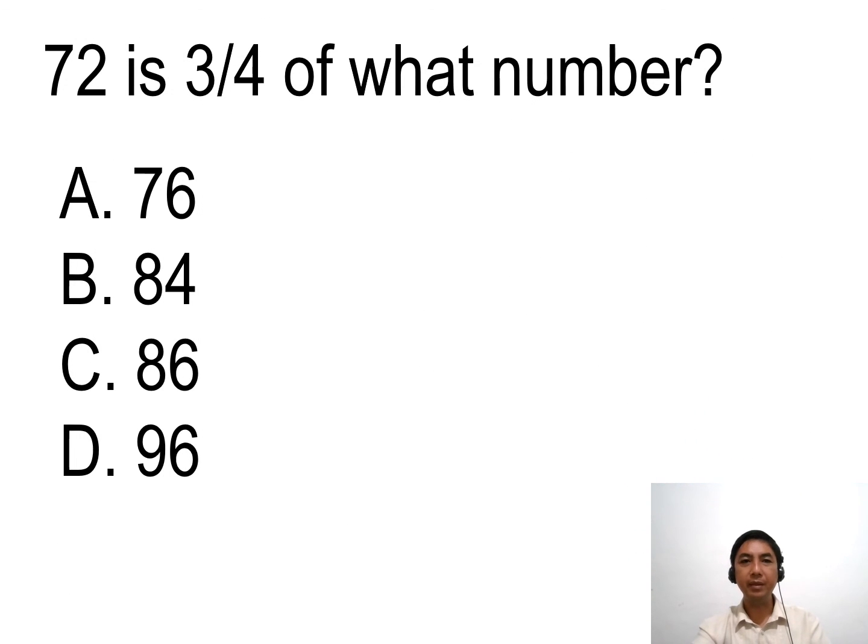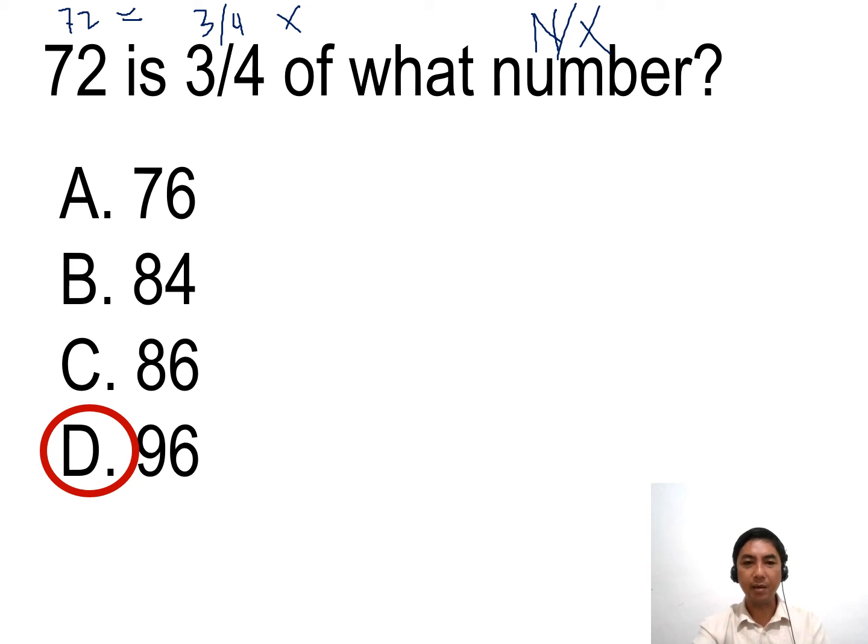Problem. 72 is 3/4 of what number? So, same process. 72 is 3/4 times the number n, or you can say the number x. Our answer here is 96. Okay, so the equation is 72 is equal to 3/4 x.